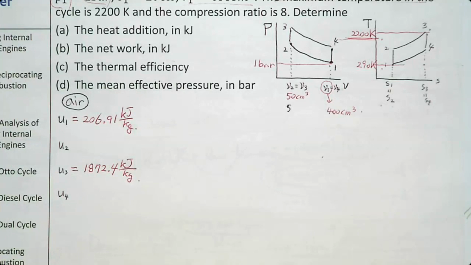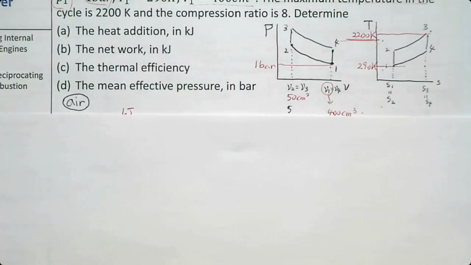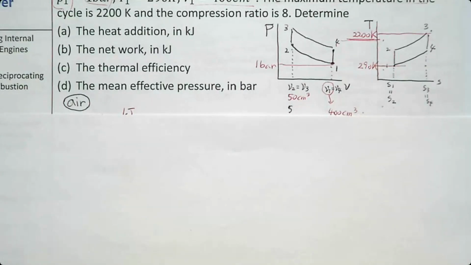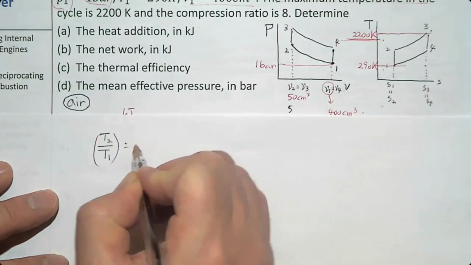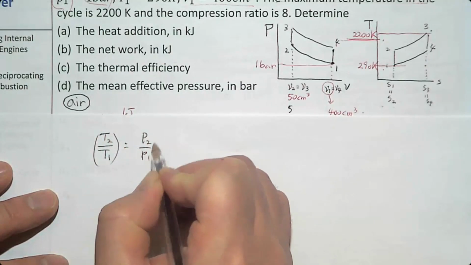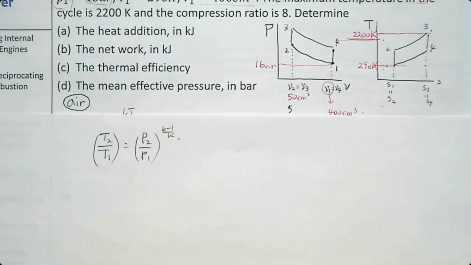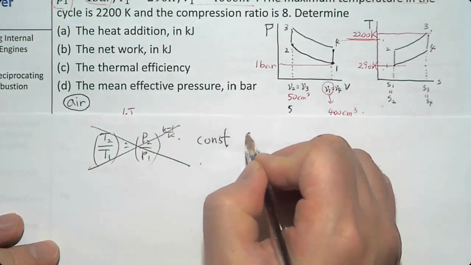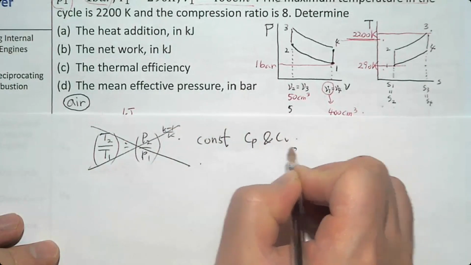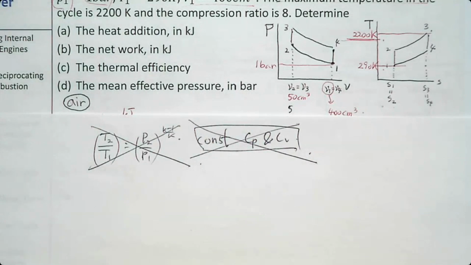And one of them, you may remember, when you have constant specific heat, T2 over T1 was P2 over P1 to the power of kappa minus 1 over kappa, something like that, that we saw in chapter 6. But that's for constant specific heat. But this time, we don't have constant specific heat. Then we can use this equation.